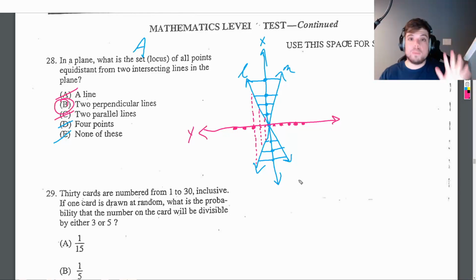I don't know. There's no need to prove it right now. Given that there's the 5 answer choices, we have 2 lines, and hey, they're calling them perpendicular, so take your word for it. I think I kind of see why they'd be perpendicular. Yeah, I do see it, but it's not worth going into. Hopefully this drawing helps you and makes sense. But yeah, I think the answer is B.